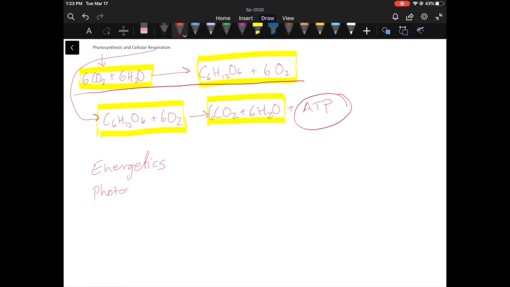So photosynthesis can be classified as an anabolic reaction. And cellular respiration, since it's the opposite, where we're breaking down a larger molecule into a smaller one, can be classified as a catabolic reaction.